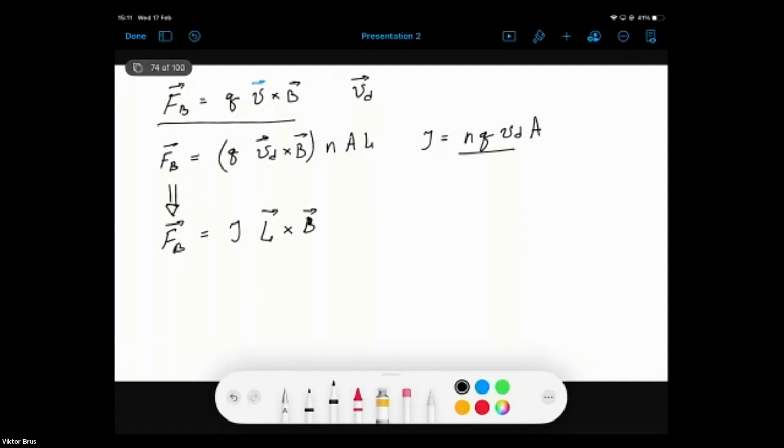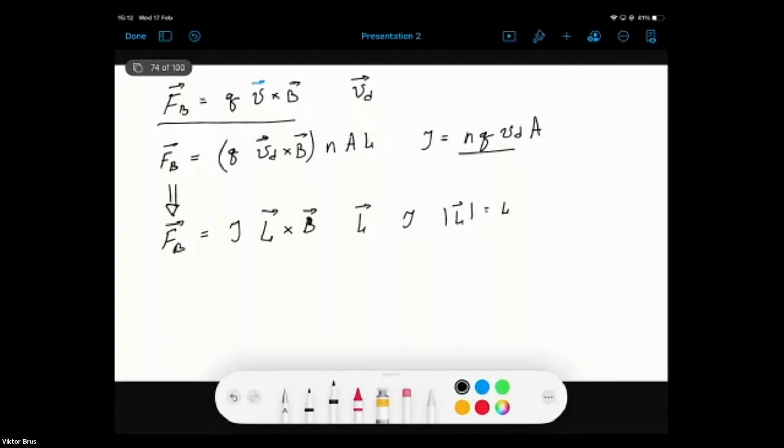And this L vector points in the direction of the electric current, and its magnitude is equal to the length of the segment of the conductor.